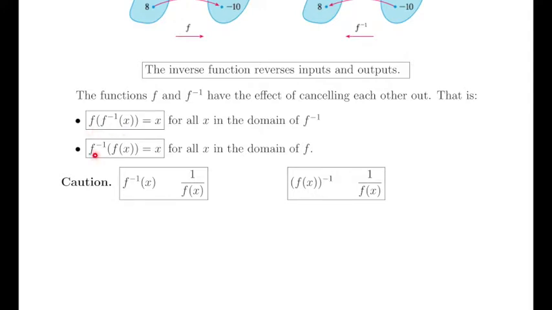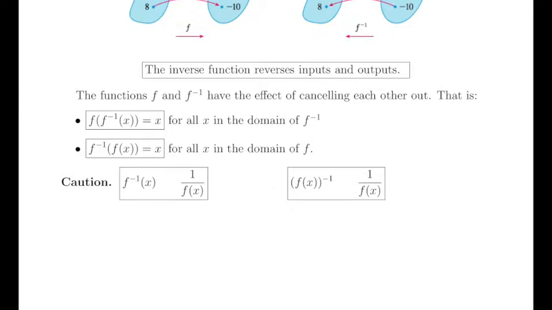It turns out no matter what the order is, if you compose a function with its inverse, then what comes out is what you started with in the beginning, so in this case, x. That's what I mean by they have the effect of canceling each other out. We're not actually canceling them out, but they have the effect of that.